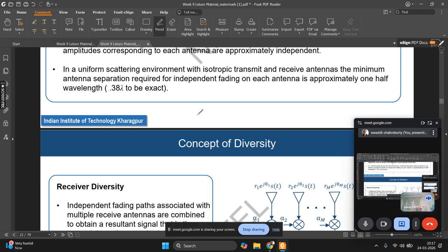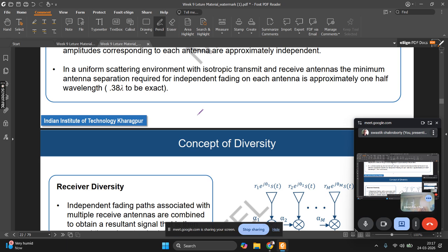In a uniform scattering environment with isotropic transmit and receive antennas, isotropic meaning antennas which transmit on all sides equally, the minimum antenna separation required for independent fading on each antenna is approximately 0.38 of the wavelength. So they have to be separated by at least 38% of the wavelength to count as independent waves.